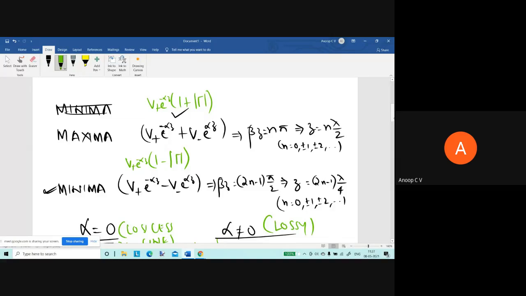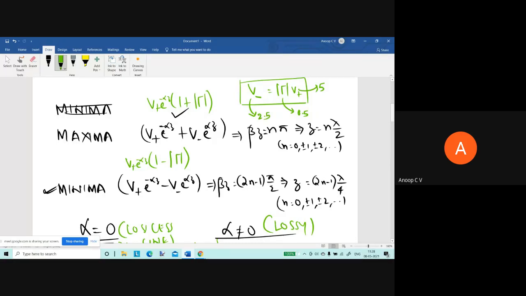V minus is nothing but gamma times V plus. So I defined V plus to be equal to 5 and gamma as 0.5. In this case, V minus is going to be 2.5.